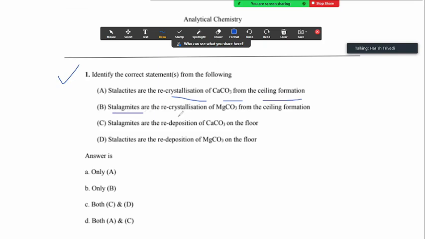Stalagmites are recrystallization of MgCO3 from the ceiling formation. Stalagmites are the redeposition of calcium carbonate on the floor. And the last: stalactites are redeposition of MgCO3 on the floor.